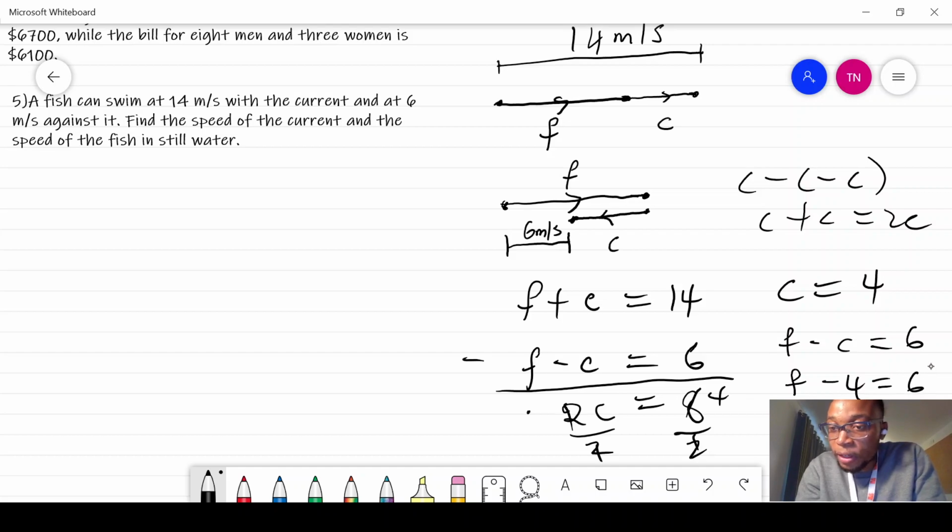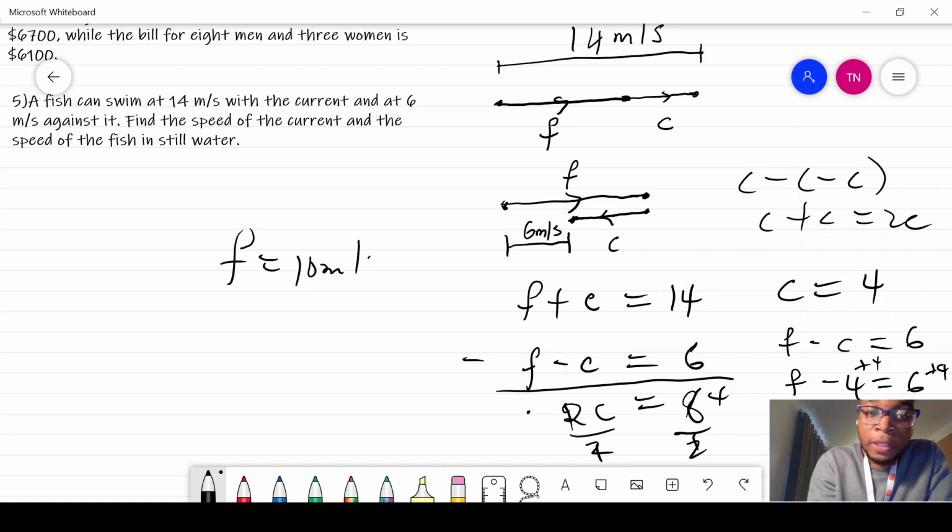So f is equal to, then we add 4 here, we add 4 there. This becomes 0, that becomes 10. So we know the speed of the fish is going to be 10 meters per second. Then the speed of the current is going to be 4 meters per second.